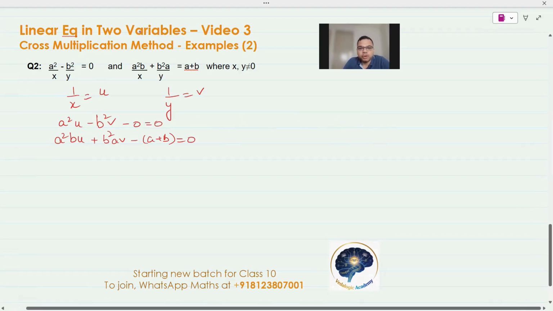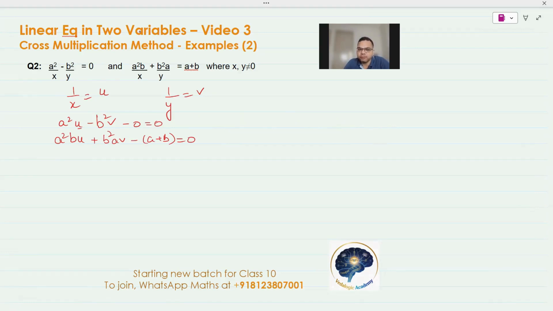So I'm going to apply the same thing here, whatever we have learned. For u, I'm not going to use the coefficients of u. I'm going to use the coefficients of v and the constant term. So u becomes u upon minus b square into a plus b. Minus and minus get cancelled, minus b square into minus of a plus b.